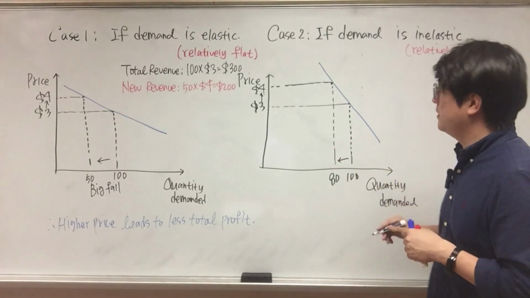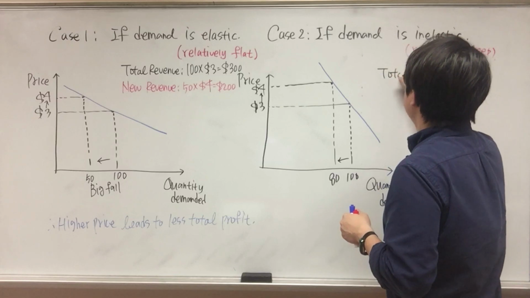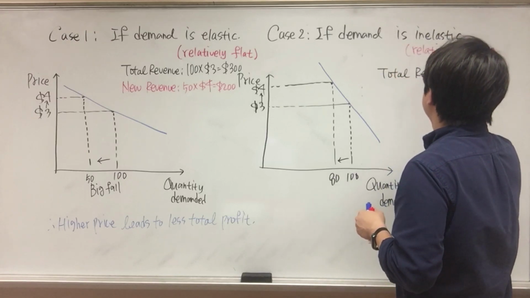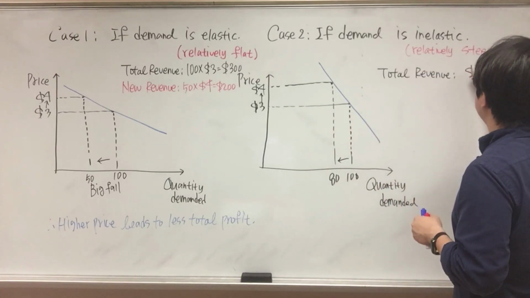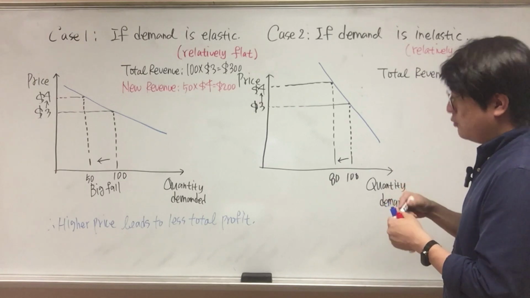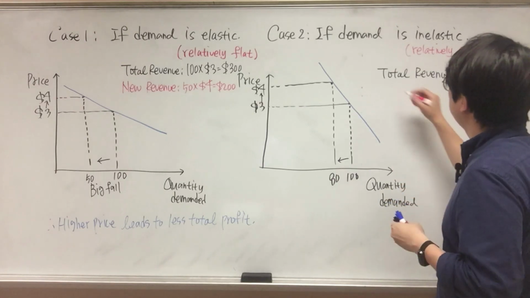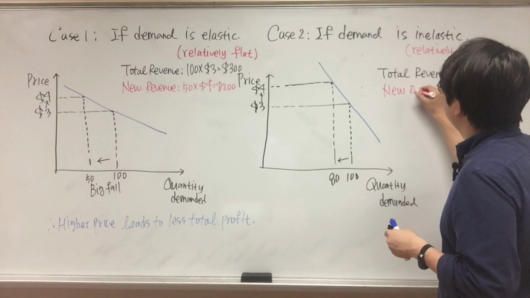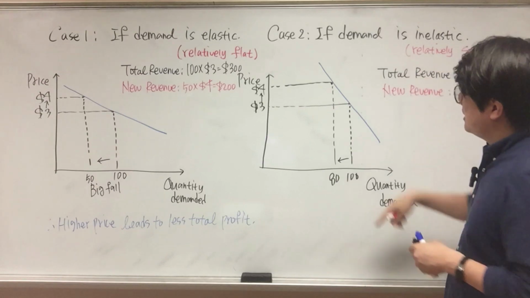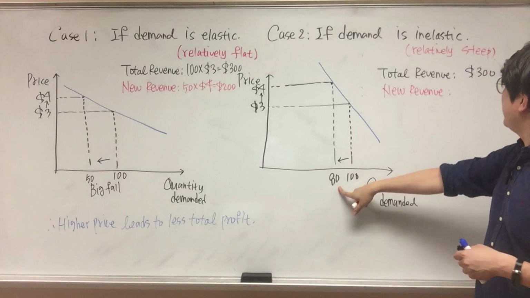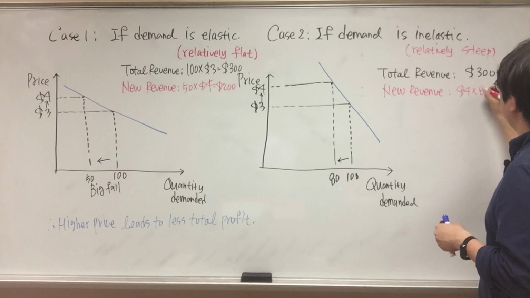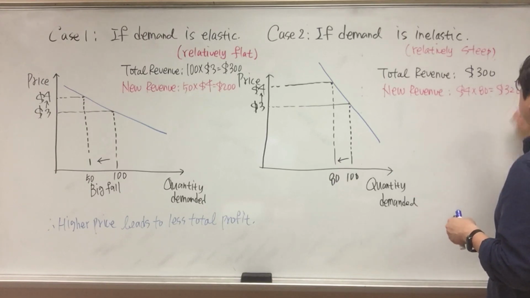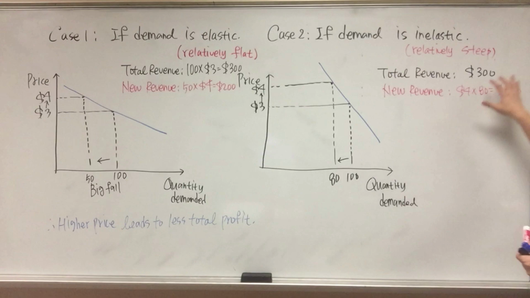So what is the total revenue at first? 100 times 3, so we know that is $300. And what is the new revenue? At $4, we have 80, so $4 times 80, we have $320, which is greater than $300, correct?